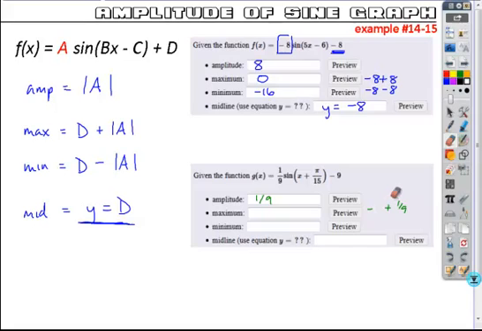So negative 9 is negative 81 over 9. So plus 1/9 gives us negative 80/9. And then negative 81 over 9 minus 1/9 gives us negative 82 over 9. So there's your max and min values for your graph. And then finally your midline, y equals whatever that vertical shift is, for your answer.